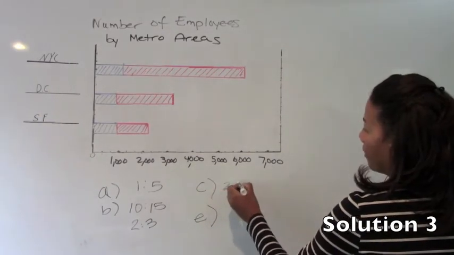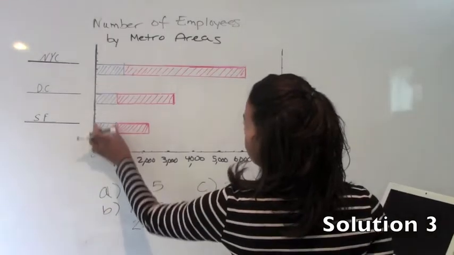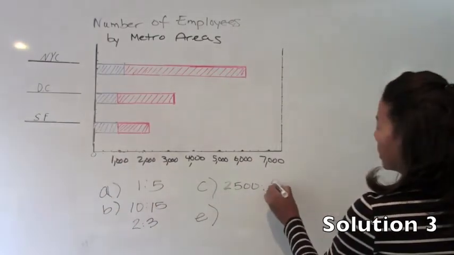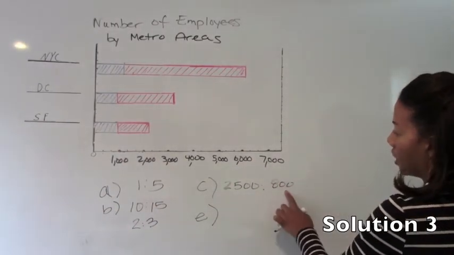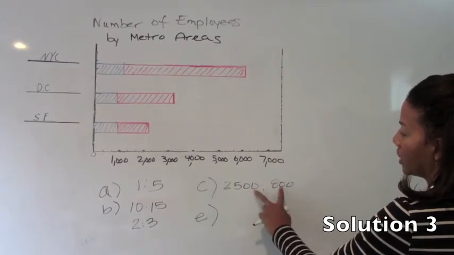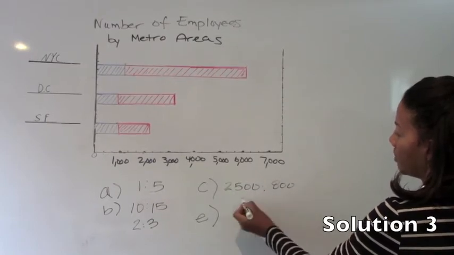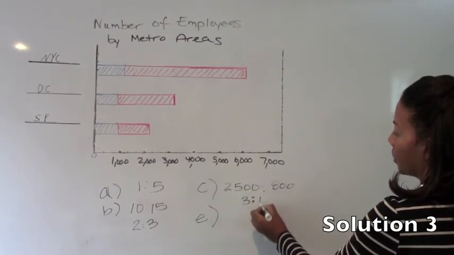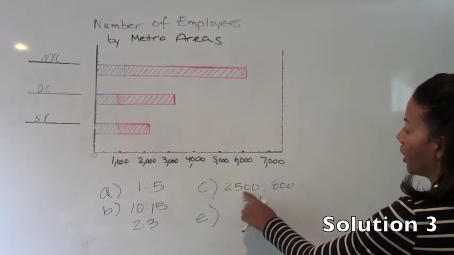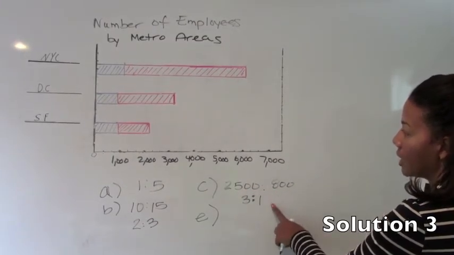So that's going to be 2,500 to approximately 800. So let's say it's 2,400 to 800, or you can put this in your calculator. 2,500 divided by 800 is about 3. So if I divide this by 800 and this by 800, I get approximately 3 to 1. Or if you put this in your calculator, you'll get an answer that's a little bit more than 3. Okay, so C is a possibility.